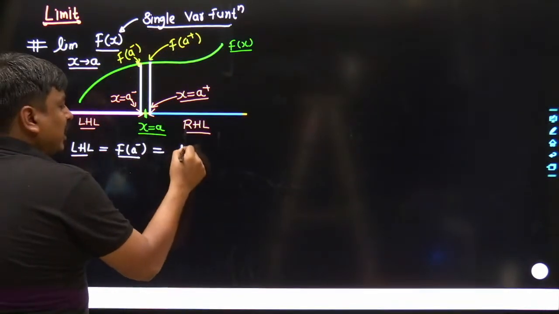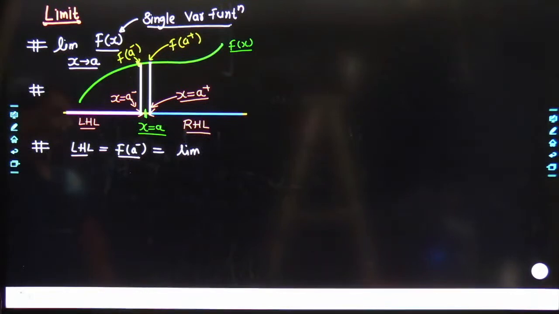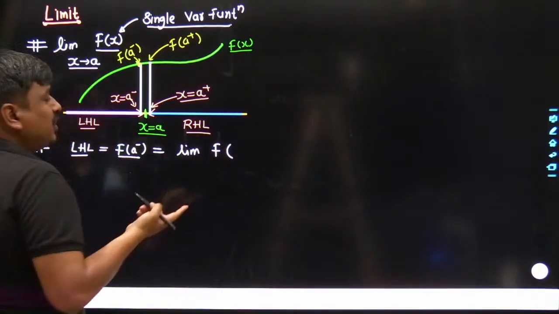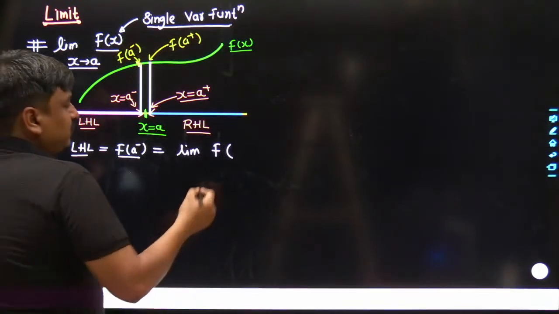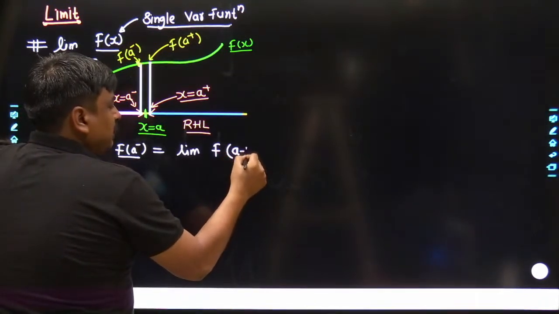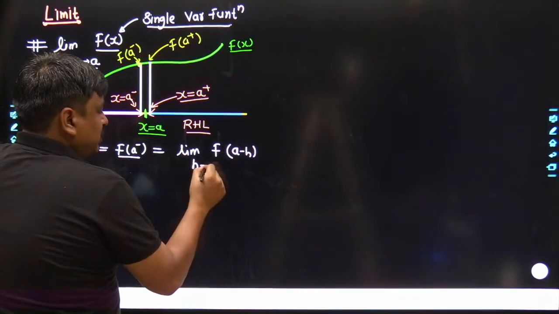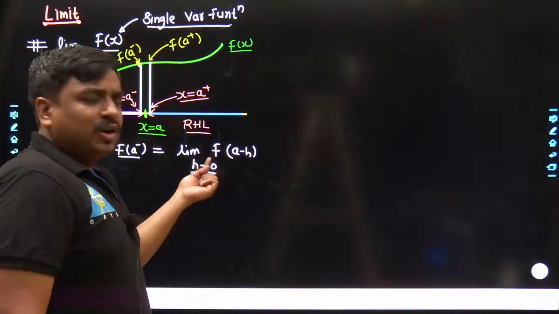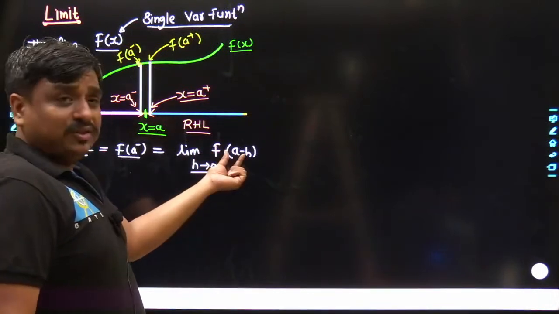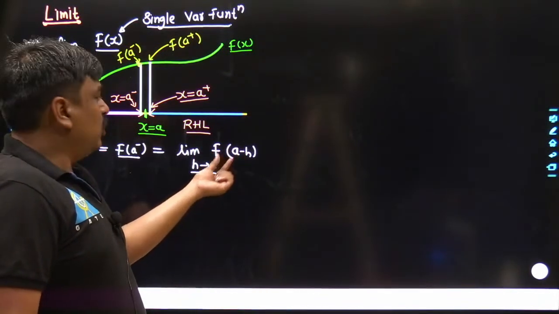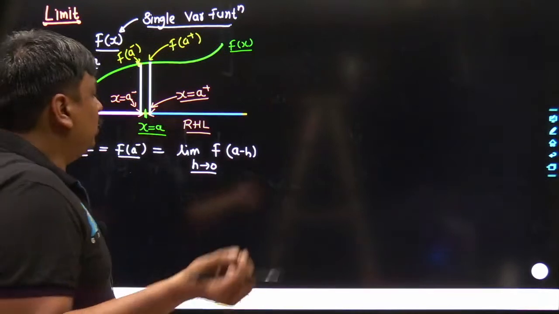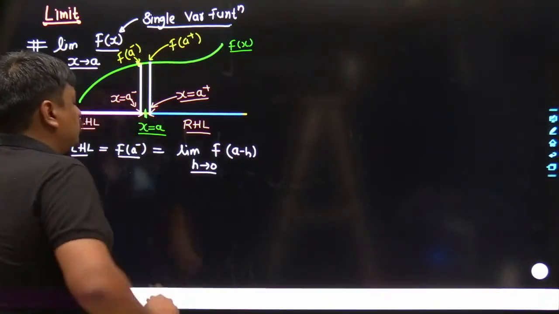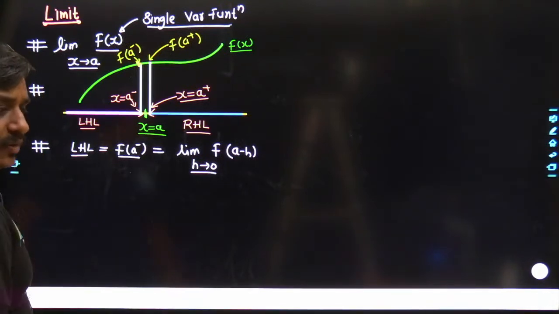Mathematically speaking, this could have been calculated as f of a minus h, where limit h tends to 0. What does that mean? That means you wanted to calculate the worth of the function at a minus h, where h is tending towards 0. So obviously a very small positive value would get subtracted from a. Put together you have reached f of a minus.